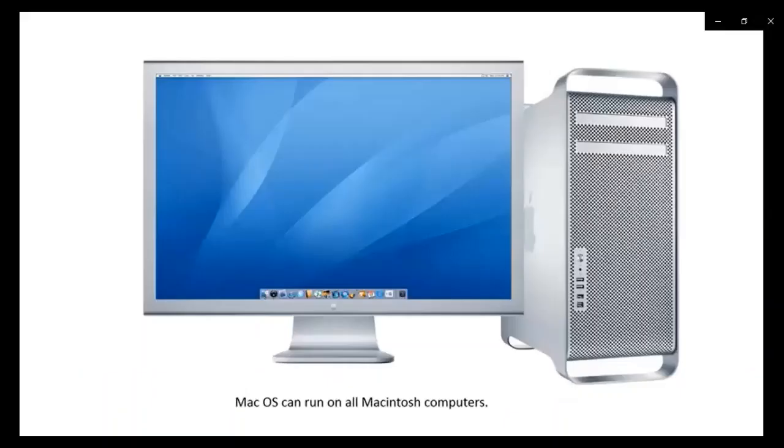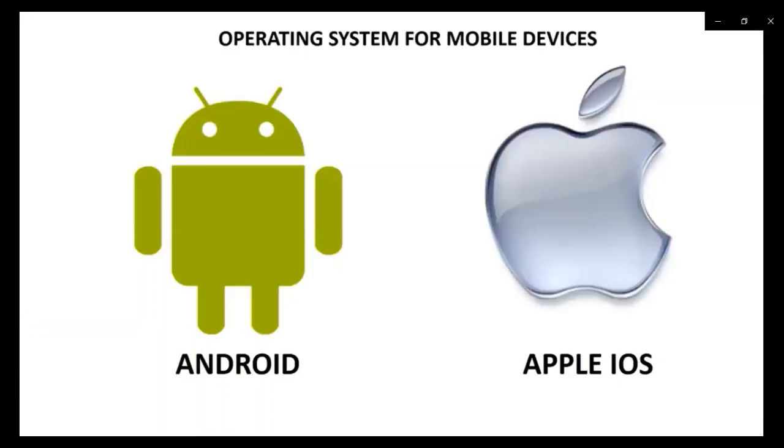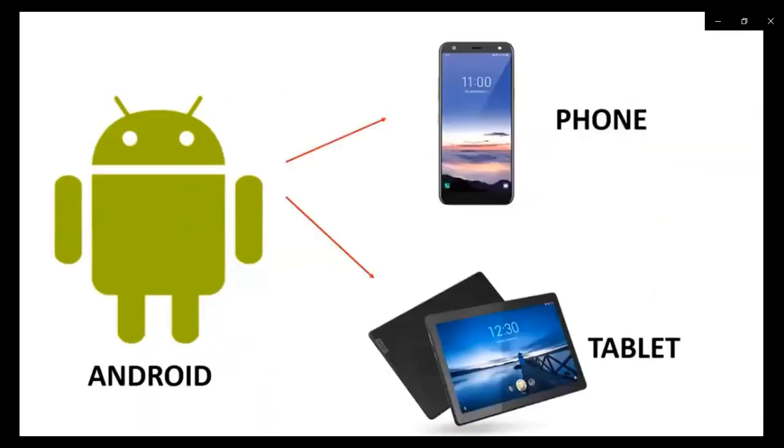The founder of Apple is Steve Jobs. Mac OS can run on all Macintoshes. Linux is a free operating system that can be downloaded from the internet. It was developed by Linus Torvalds. Operating systems for mobile devices are Android and Apple iOS.